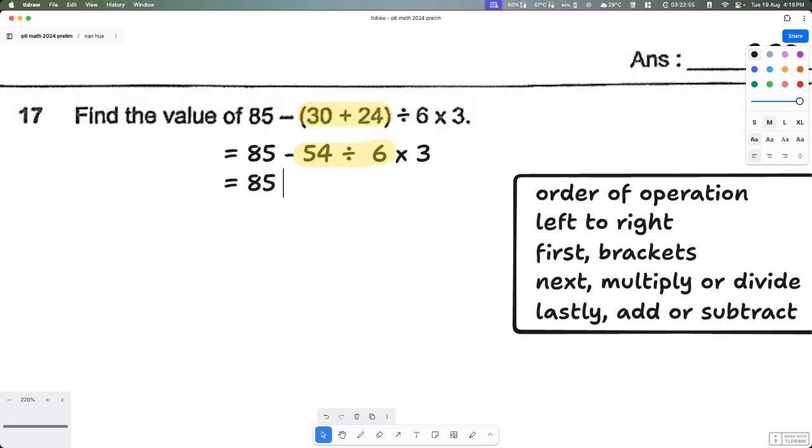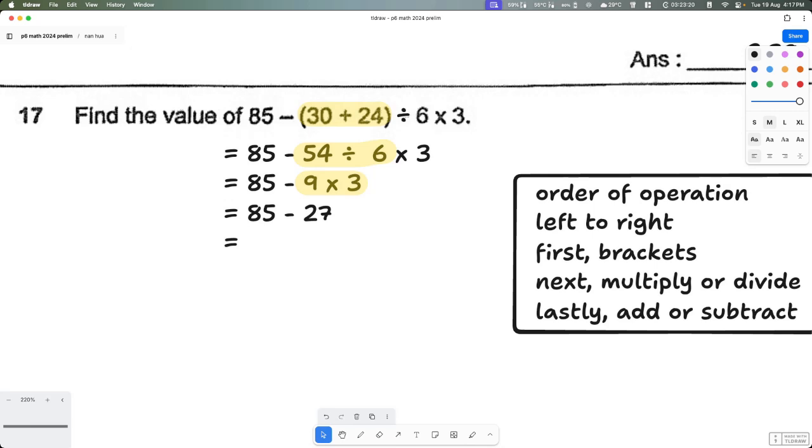So 85 minus 54 divided by 6, it should be 9 times 3. 54 divided by 6 is 9, correct. So 9 times 3 is equal to 27. So 85 minus 27.